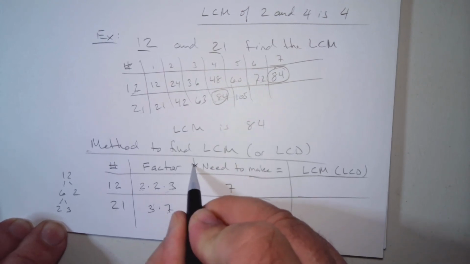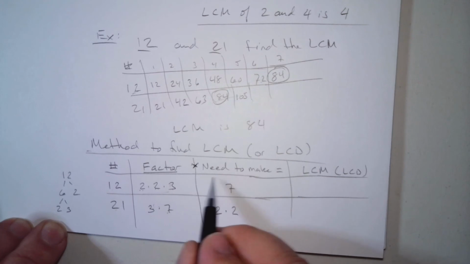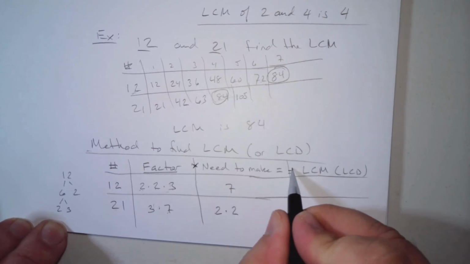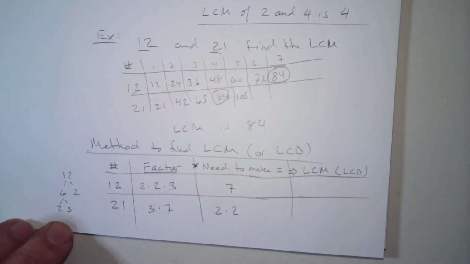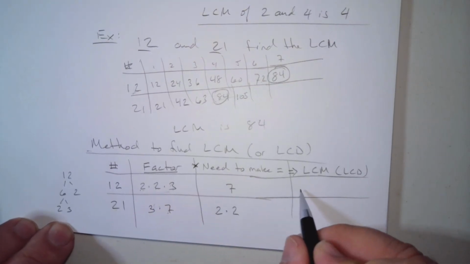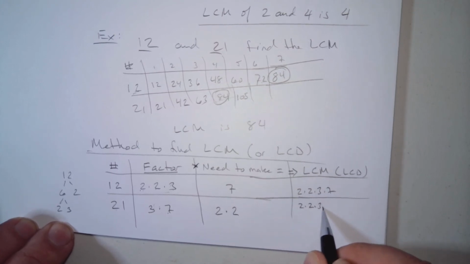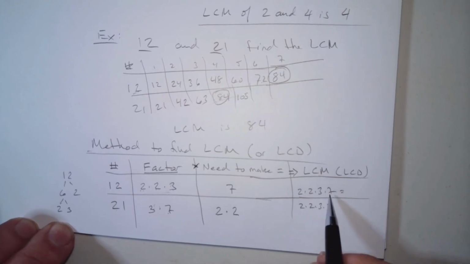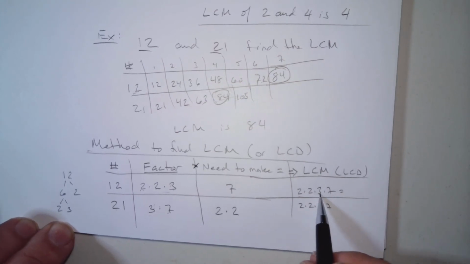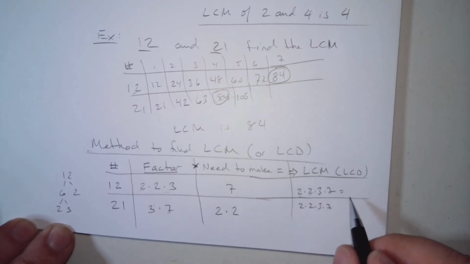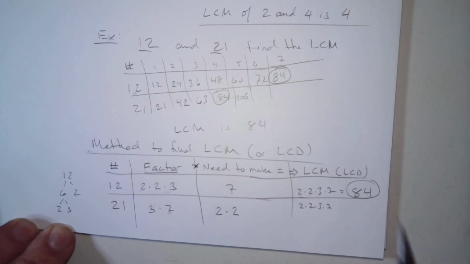If we multiply the factors times the needs, it'll give us the LCM. Because they're both going to be 2 times 2 times 3 times 7. 7 times 3 is 21. 21 times 2 is 42. 42 times 2 is 84.